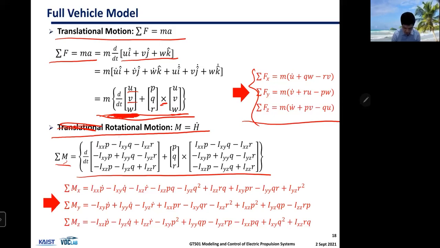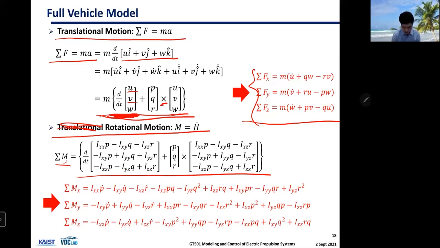And let's move on to rotational motion, which is M equals H dot, where M is the external moment acting on the body, and H dot is basically equivalent to ma in a rotational motion sense.